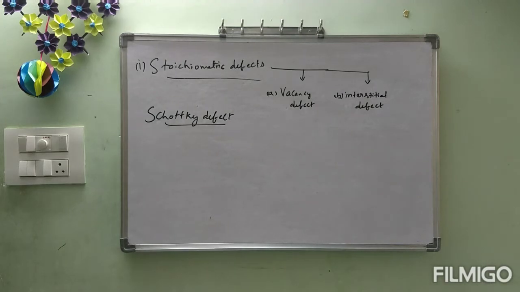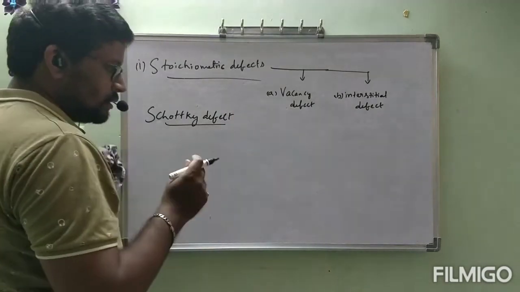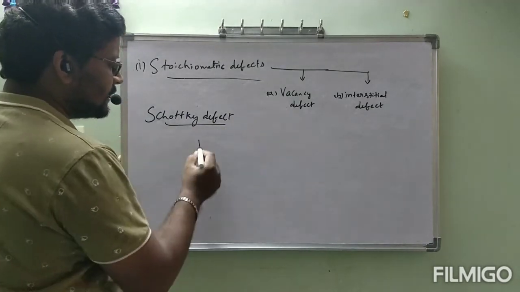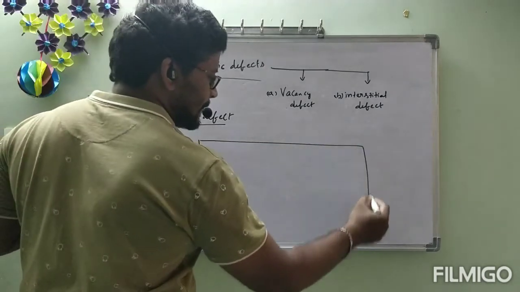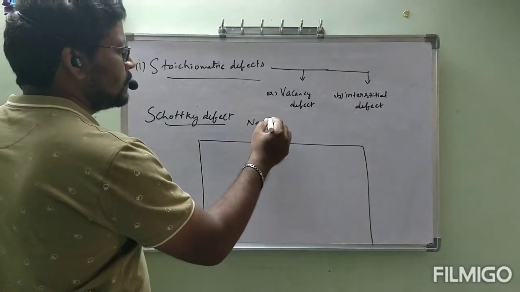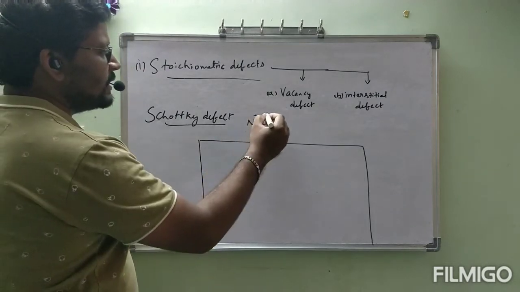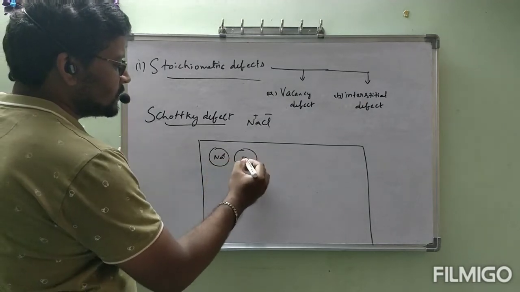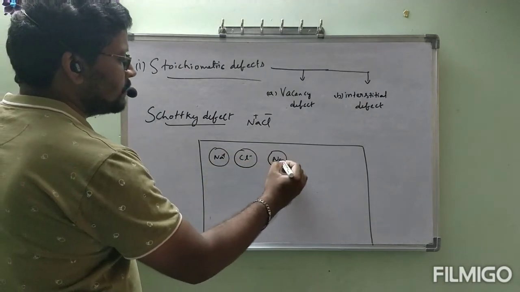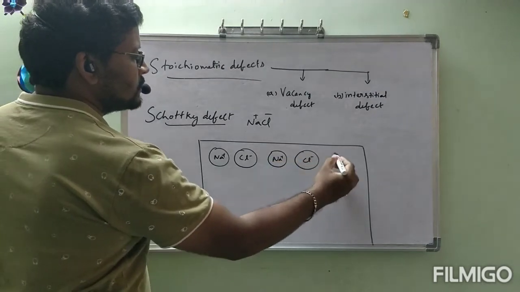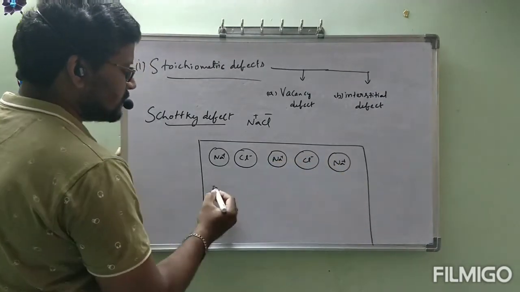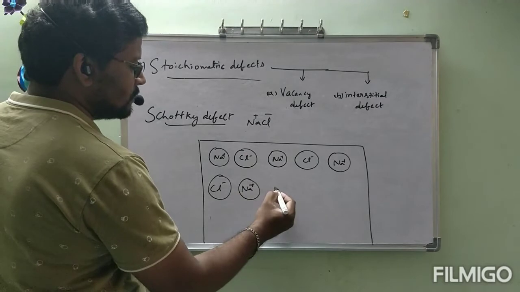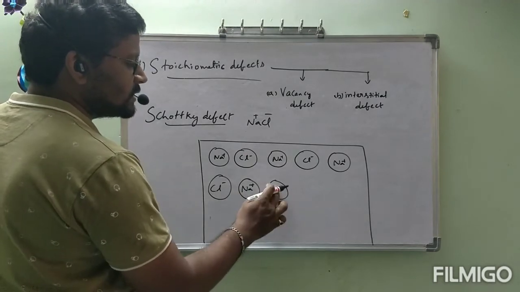Okay, observe this one, Schottky defect, all of you. If you see this Schottky defect, this is one kind of vacancy defect only. Let us see the example NaCl. NaCl contains Na plus and Cl minus ions. This is Na plus, next Cl minus, Na plus, Cl minus, Na plus, here again Cl minus, Na plus, here Cl minus must be there, but a vacancy is formed.